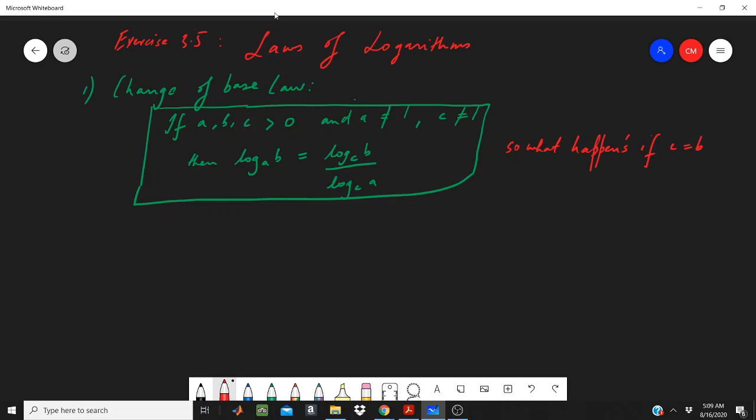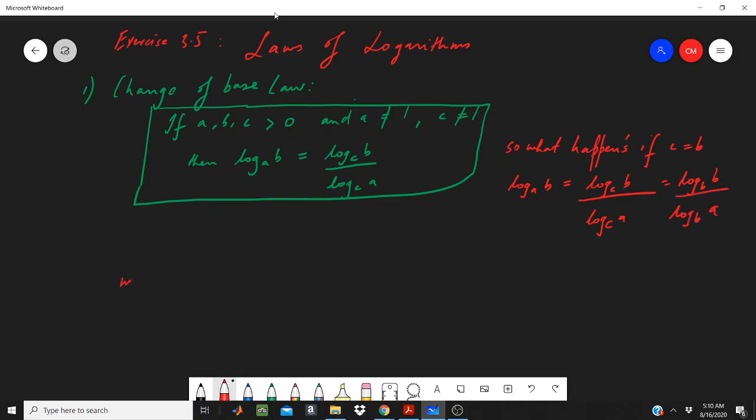Well, then log_a b equals log_c b over log_c a, just using this formula right here, and if c equals b, this is log_b b over log_b a.